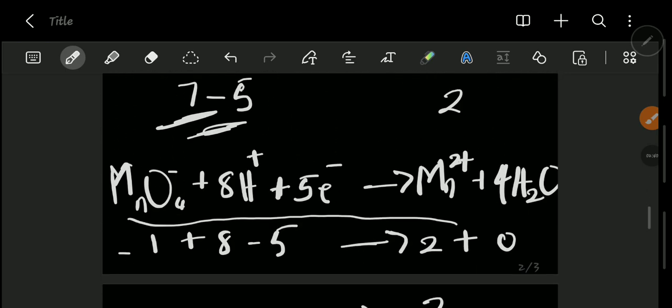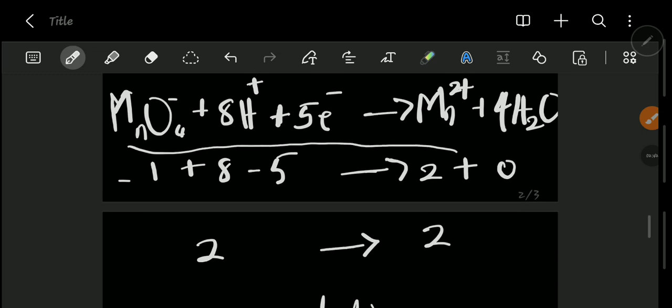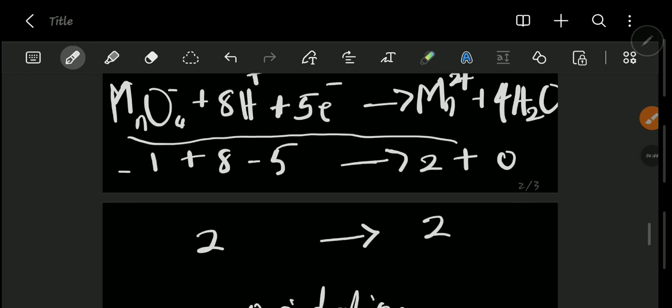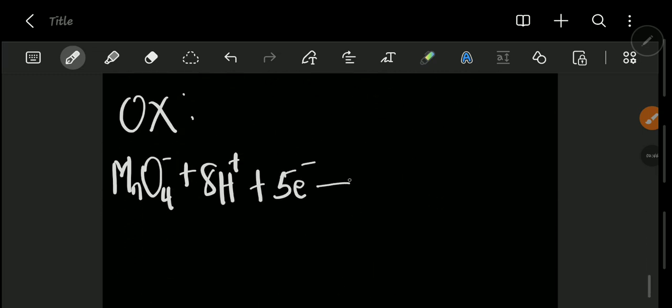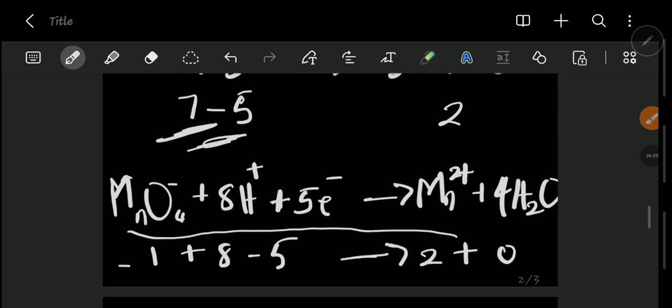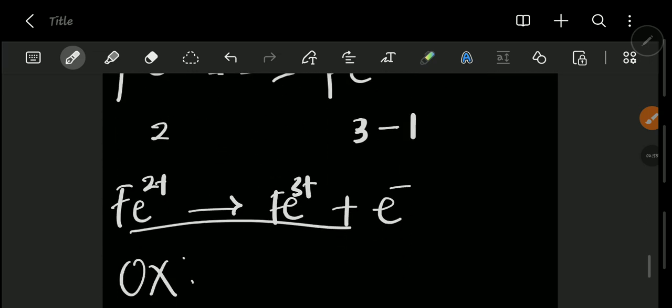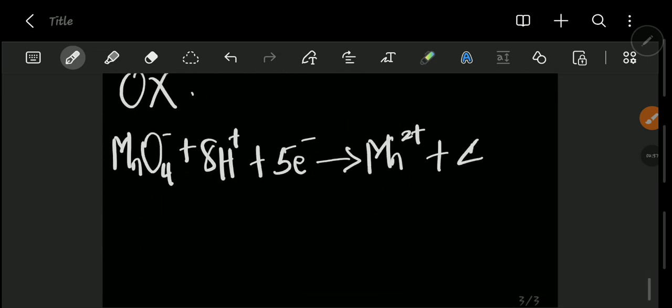And that's for the left. And for the right, I'm having Mn2+ plus 4 molecules of water, that's 4H2O. This is for the oxidized.